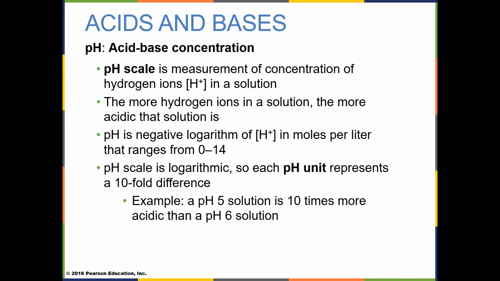If we start moving downward, we don't like it. 7.35 is a little bit basic, because 7 is neutral. Anything above 7 is basic, moving into the hydrogen, the proton acceptor stage. Our bodies are very, very rigid in what's acceptable on the pH scale.